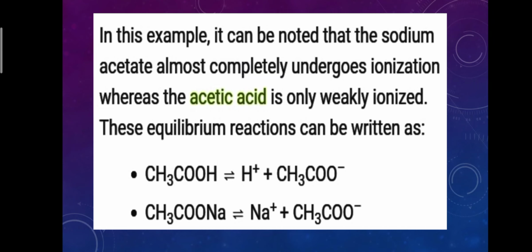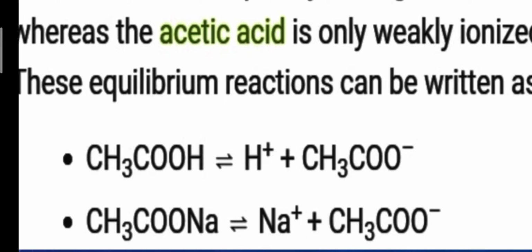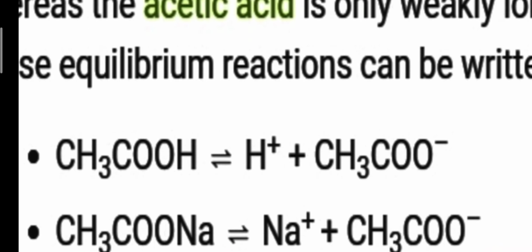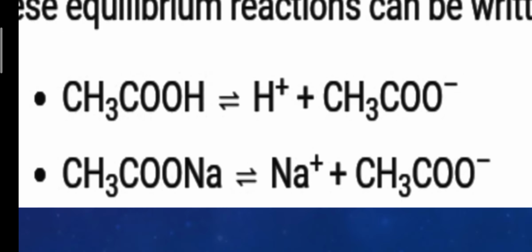In this example, it can be noted that the sodium acetate almost completely undergoes ionization, whereas the acetic acid is only weakly ionized. The equilibrium reactions can be written as follows.